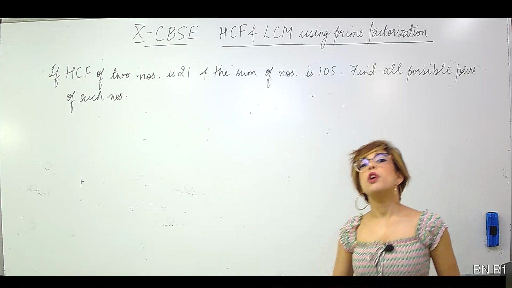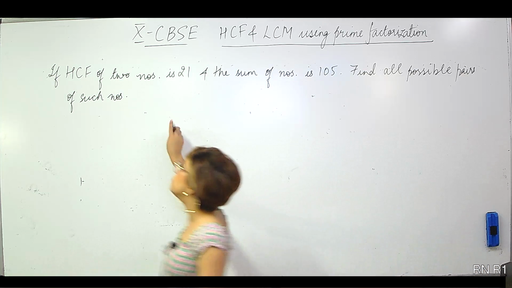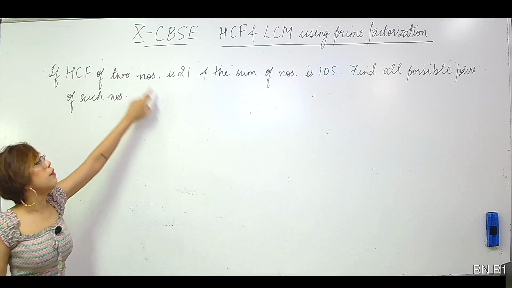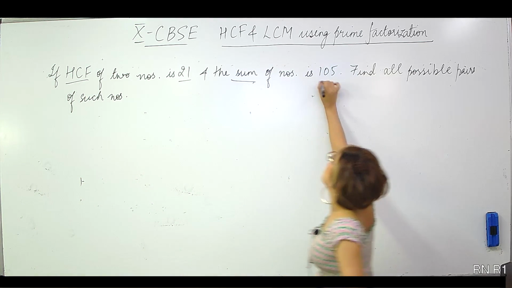Right, you can definitely pause the video and then move forward, but I'll discuss it now. Go on the board. Now he says HCF of two numbers is 21, okay, and the sum of the numbers is 105.